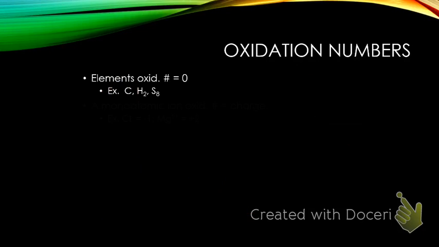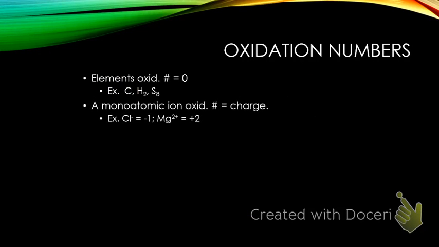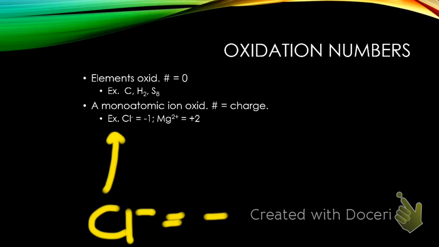Likewise, if you have a monatomic ion, the oxidation number is equal to its charge. Now, that's a really fancy way of saying that the Cl minus anion, the chloride anion, is going to have an oxidation number of -1. So this is a time when the formal charge and the oxidation number are the same.